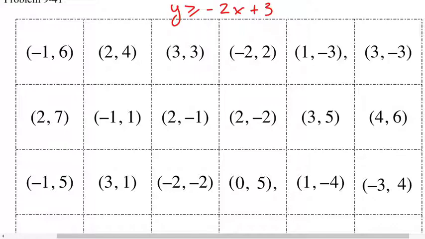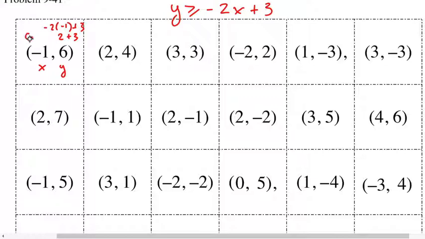So for example, if I look at the first point, when x is negative 1 and y is 6, if I place negative 1 into here, this becomes negative 2 times negative 1 plus 3, which looks like 2 plus 3, which looks like 5.